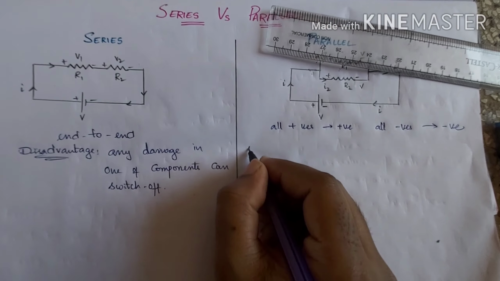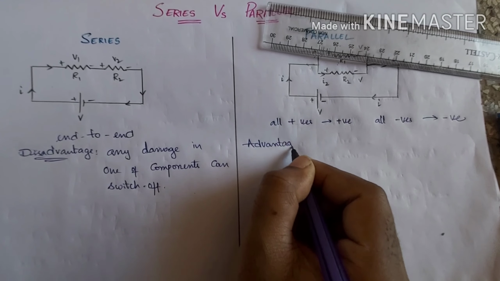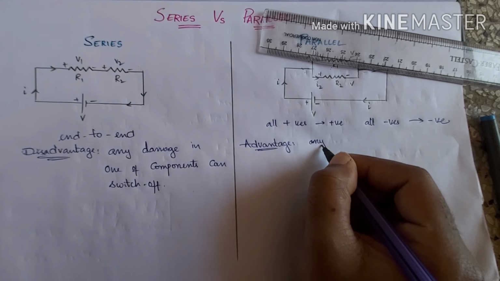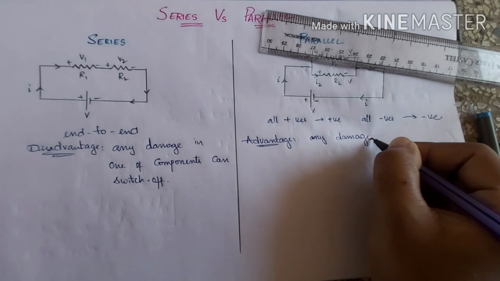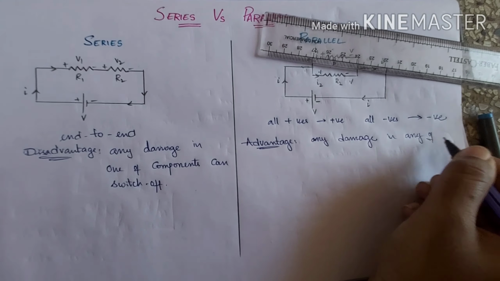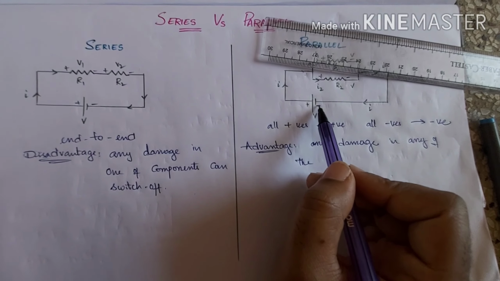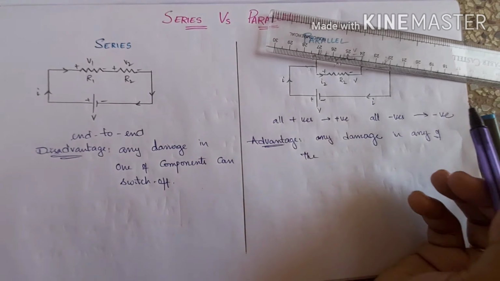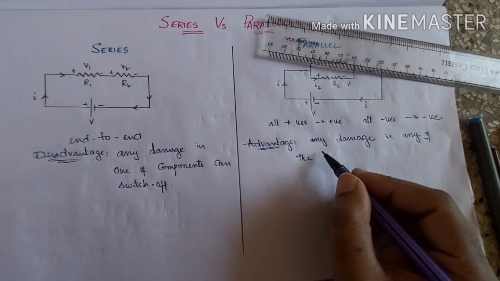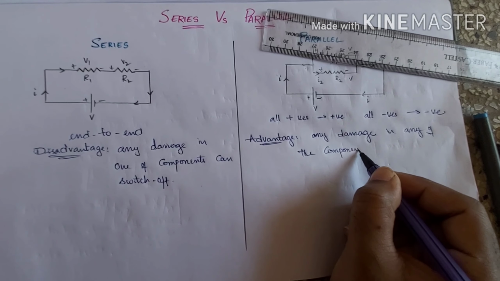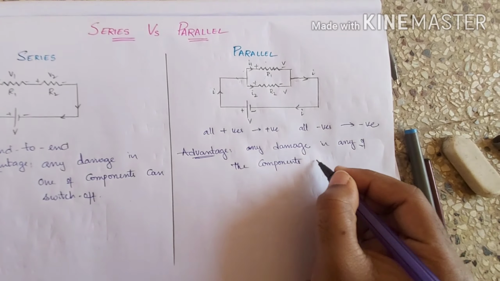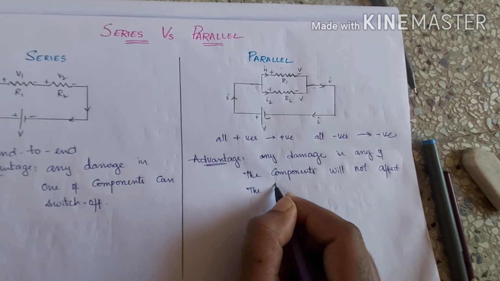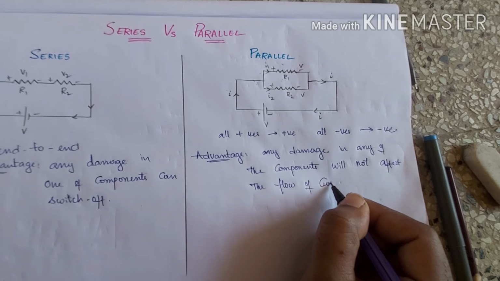Whereas the advantage: any damage in any of the components will not affect the flow of current. Don't take the cell into account, because if the cell is damaged, then there is no flow of current. I'm just talking about the resistors.